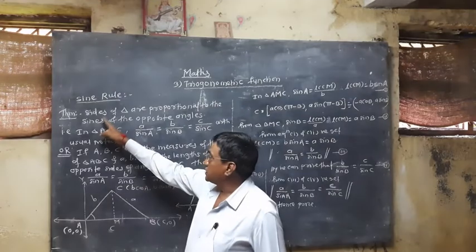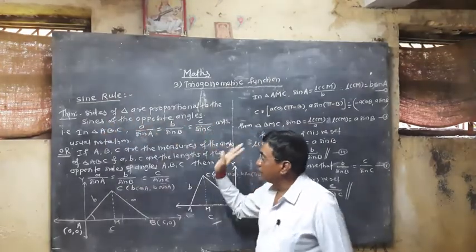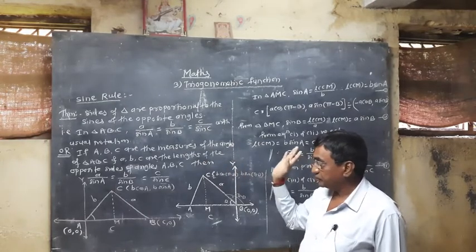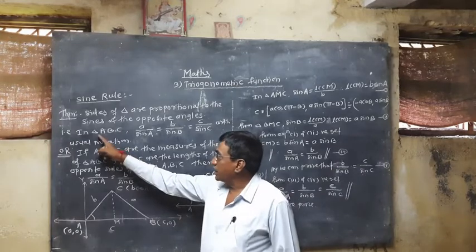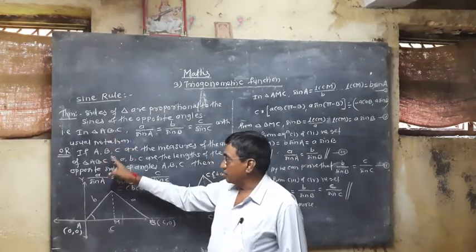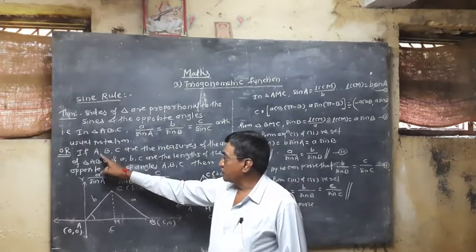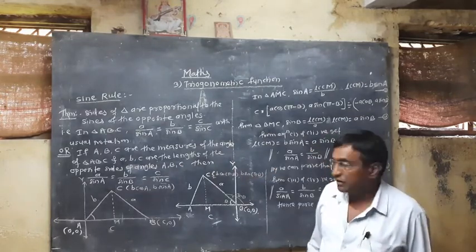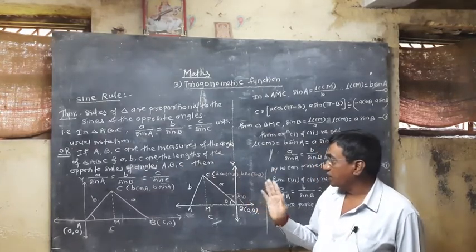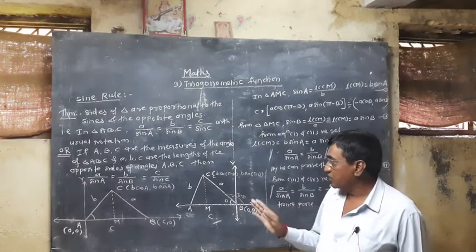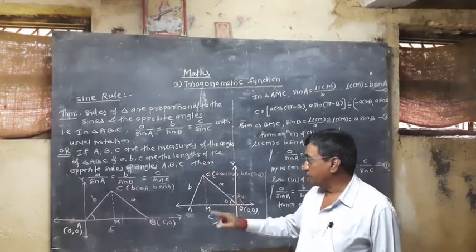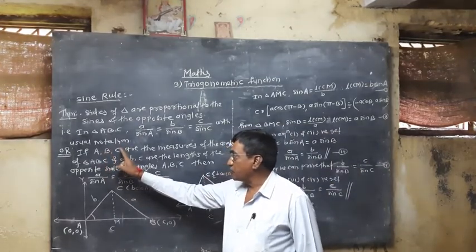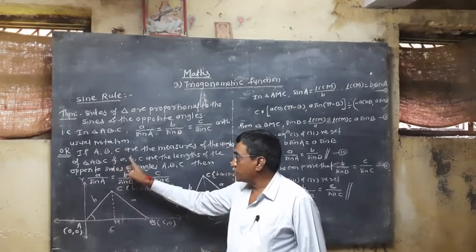The theorem is like this: the sides of a triangle are proportional to the sines of the opposite angles. If you consider triangle ABC, suppose capital A, B and C are the measures of the angles of the triangle ABC, and small a, small b, small c are the lengths of the sides opposite to the corresponding angles A, B and C. Then sine A, sine B and sine C are proportional to the opposite sides.